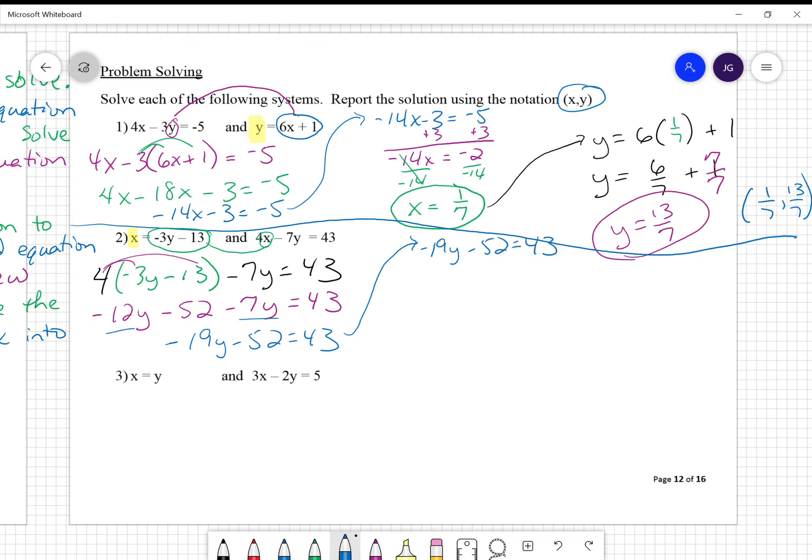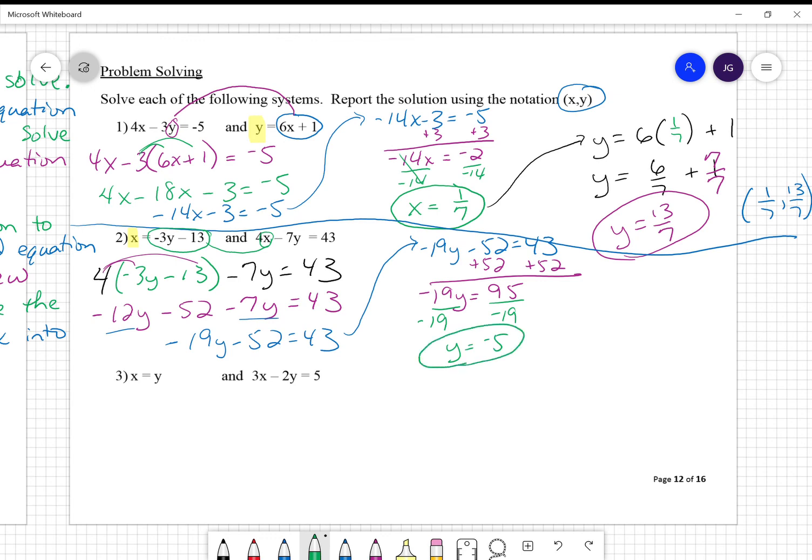Add 52 to both sides. Negative 19y equals 95. Divide both sides by negative 19. y equals negative 5.